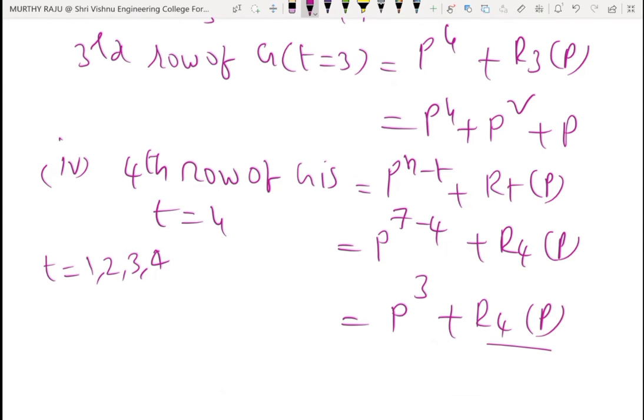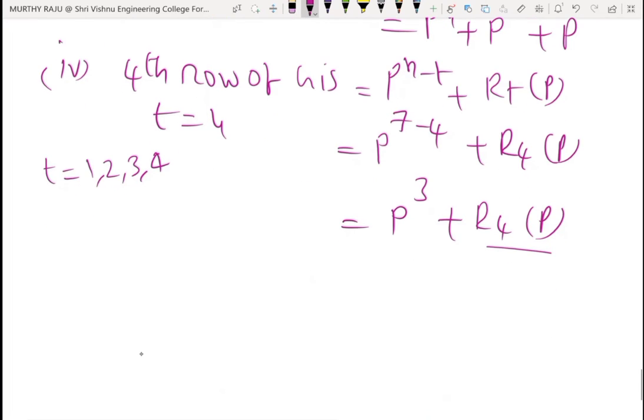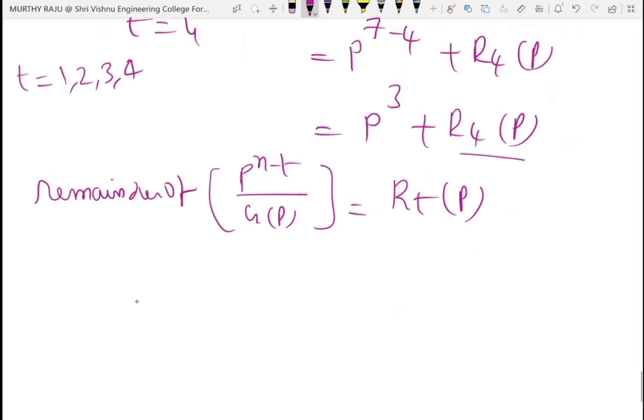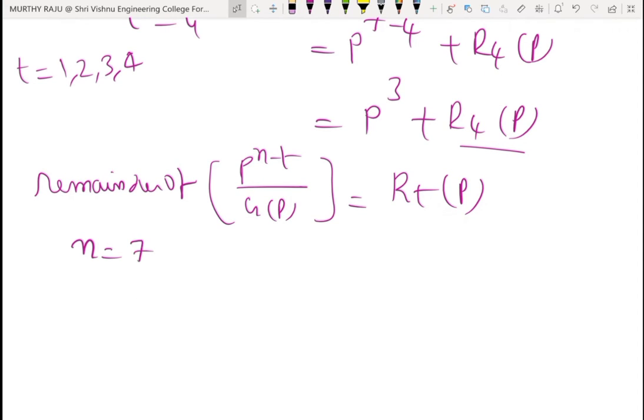Now I will find that R4 of p. The remainder of p power n minus t divided by g of p is RT of p. Here t is equal to 4 and n is equal to 7 for the fourth row representation.